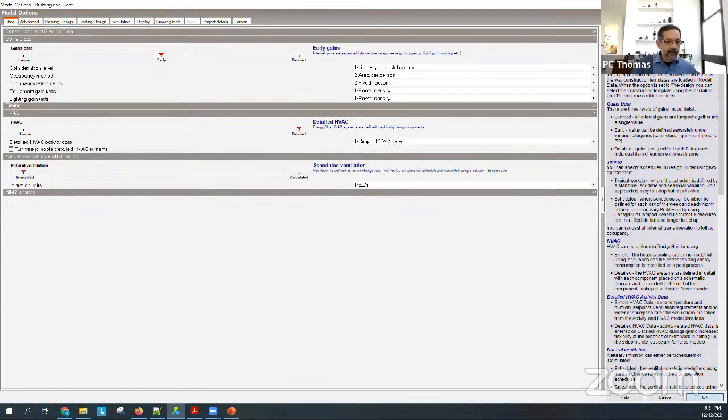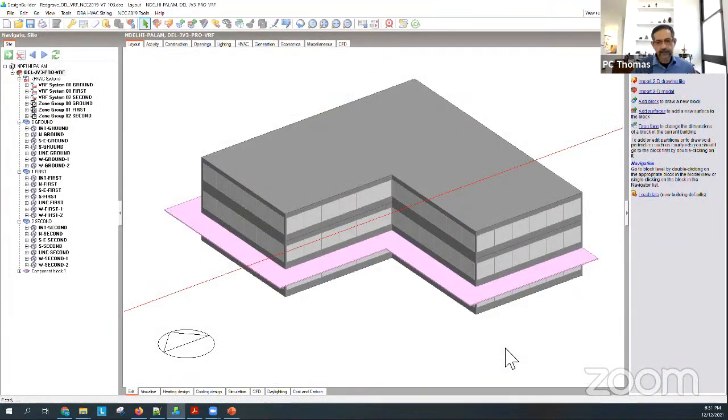Now I've already set up a system, and I'll show you that. The document that Amanda has shared right now actually explains how to set it up. If you read through that, there's 6 pages of it. It will give you step by step how to set up a VRF system, and I'd like you to go and try that out.